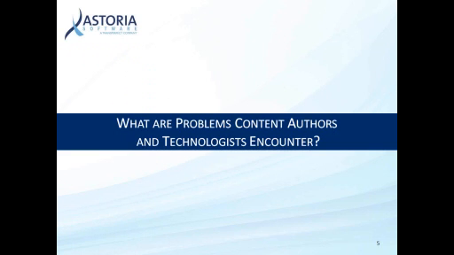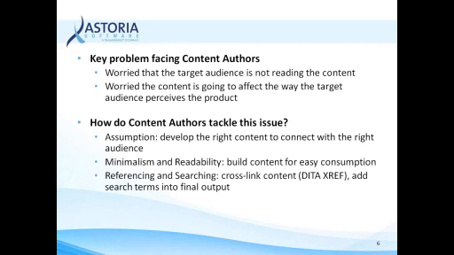So first of all, let's take a look at some problems that content authors and technologists would encounter. One problem is with content authors. What are some of the problems that content authors actually face? And again, this relates to content management, so it's for editing content, managing content.